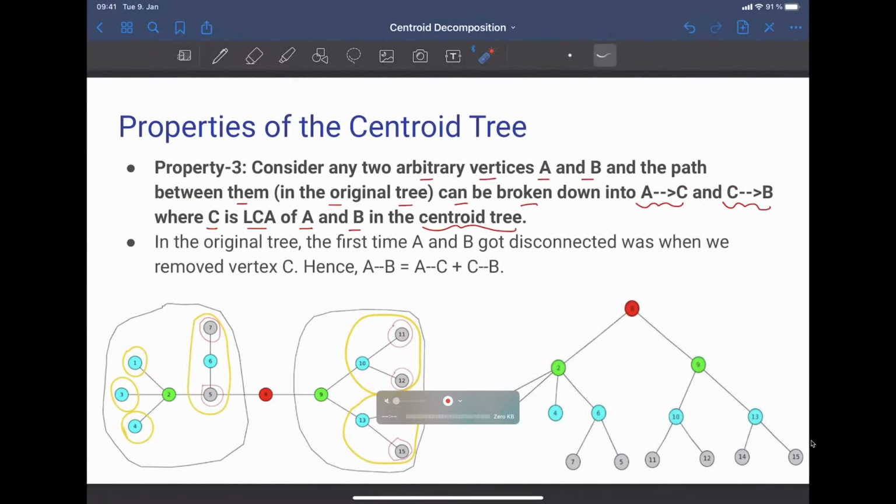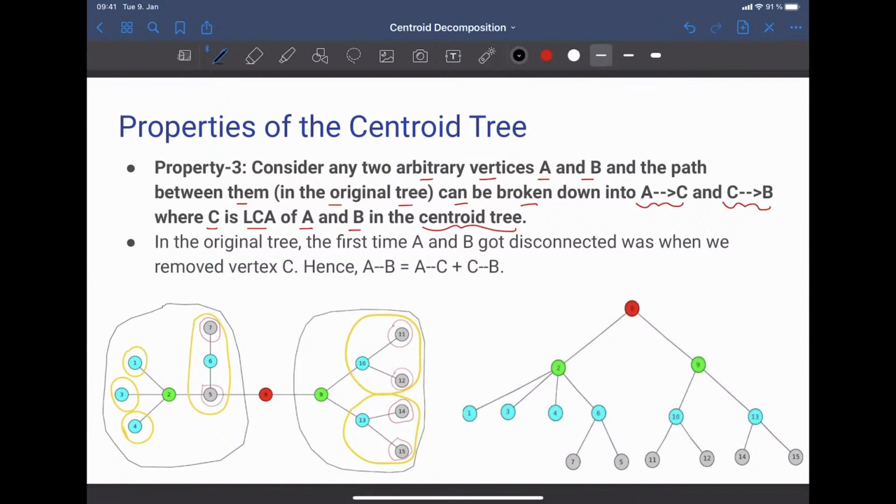You don't have to look at the path in the centroid tree. You just have to look at the LCA of AB in the centroid tree. The path in the centroid tree does not have any relevance here. Only the LCA in the centroid tree has relevance. And why is this always true?